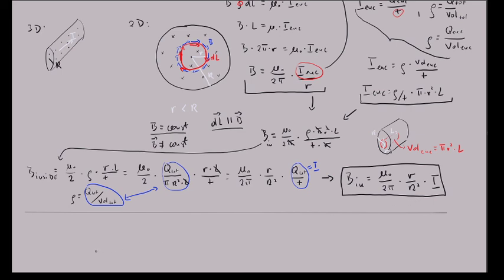I need a picture for this. Well, actually, here's what I could do. Let's say that I want to figure out the magnetic field. I'm looking at this picture here. This is where I am. Let's say that I want to now figure out the magnetic field at some location, at some r away. So this is little r now. This is my r at this point.